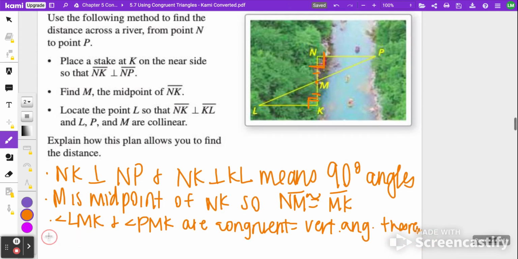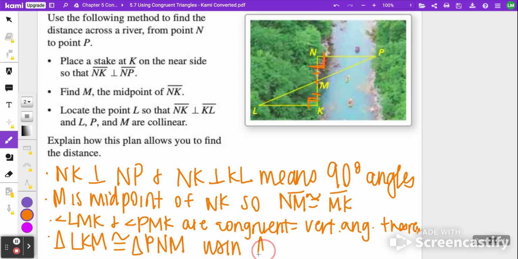So then we can say that triangle LKM is congruent to triangle PNM using angle side angle.